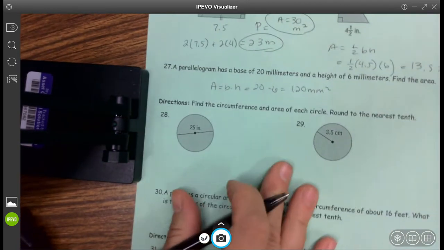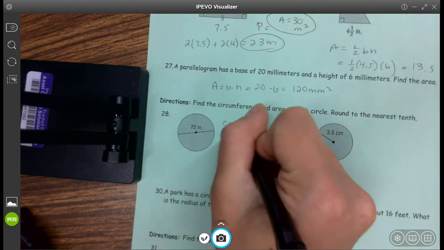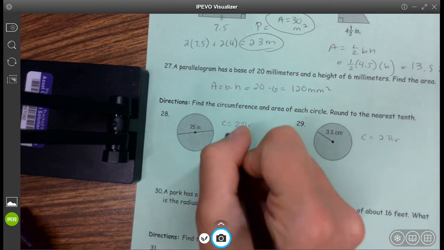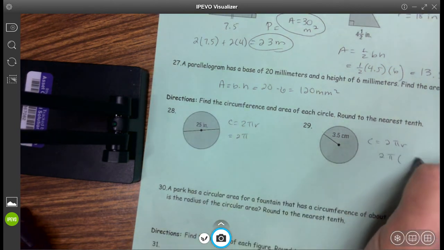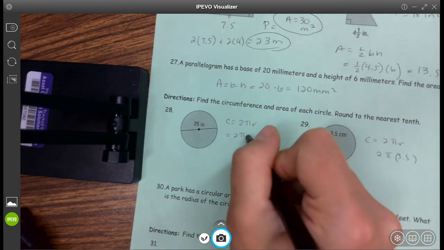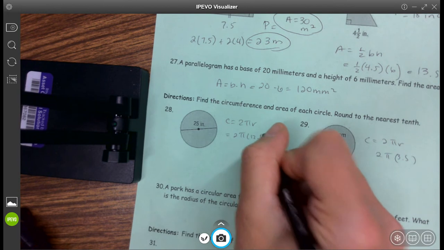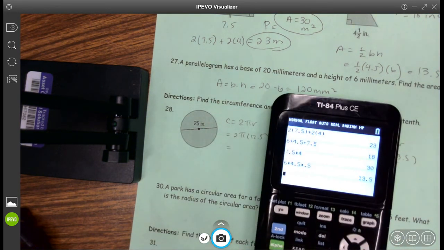Okay. Next, find circumference and area of each circle. Well, we know circumference is 2 pi r. Circumference equals 2 pi r. I know the radius here is 3.5. The radius here is half of 25. Well, half of 24 is 12, so it's 12.5. So if I put this in the calculator, I could use pi and I can use 3.14.